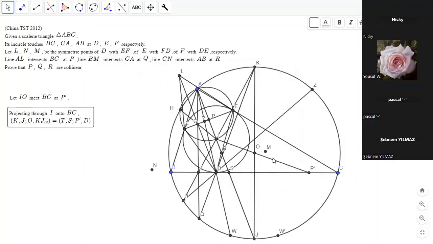And then we want to project that through A. Okay, so really we work the other way. We want to show, I forget what we did next.